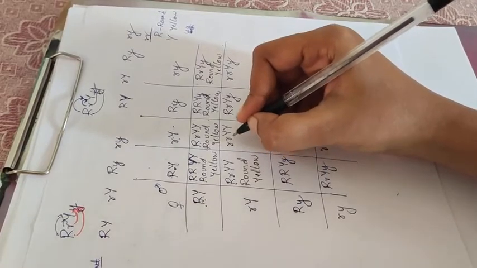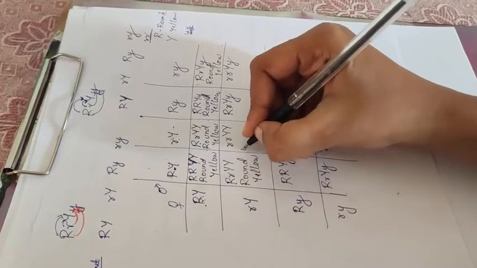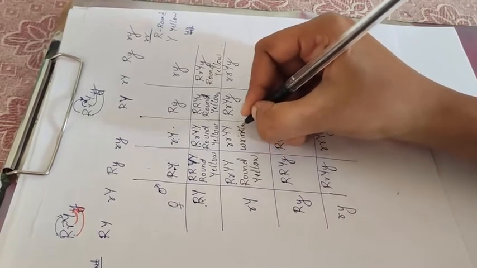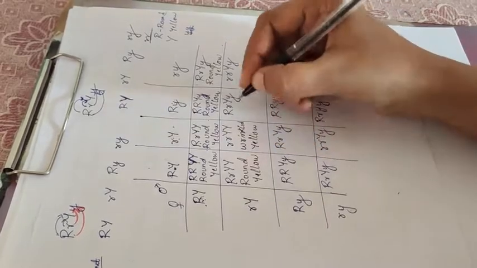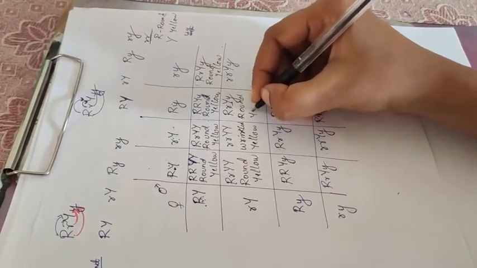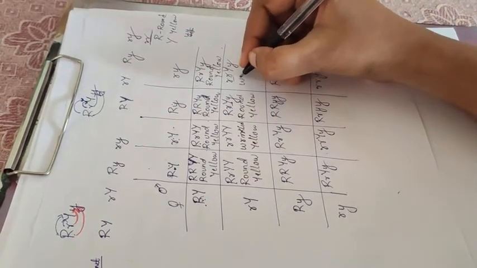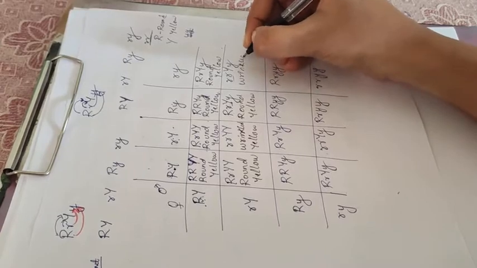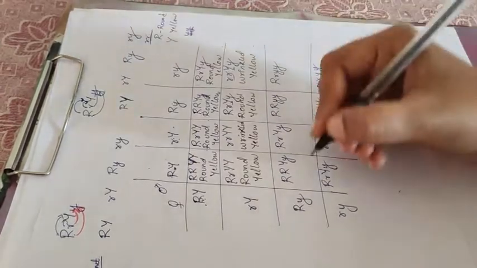Here there is no capital R at all, therefore the recessive character should be what? It is wrinkled. But there is capital Y, therefore it will be yellow. Here round is there, yellow. Here no capital R, therefore it is wrinkled. But there is capital Y, therefore it will be yellow.